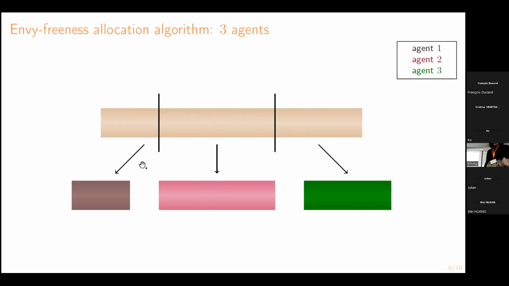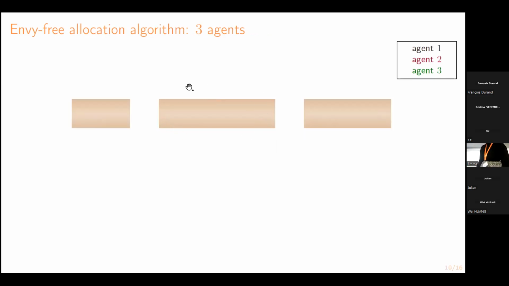Or you have a more complicated scenario where both agents 2 and 3 prefer the same piece of cake. Imagine that they both prefer this one, and that's where we have to work a little to ensure that no one envies anyone else. I won't make you try to guess the algorithm, because it's actually not intuitive for me.